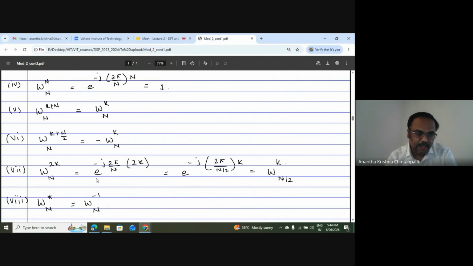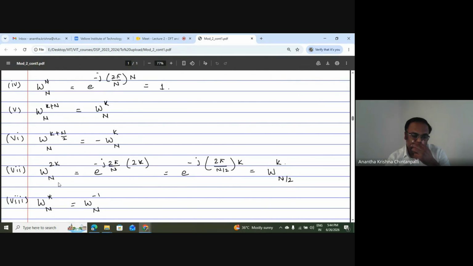W2kn is nothing but e to the power of minus j 2 pi by n within bracket 2k. Now I'm going to do a very smart thing. This can be put as e to the power of minus j 2 pi by n by 2 times k, because if I put n by 2, the 2 cancels with the 2k. So what is this all about? This is nothing but Wkn by 2.